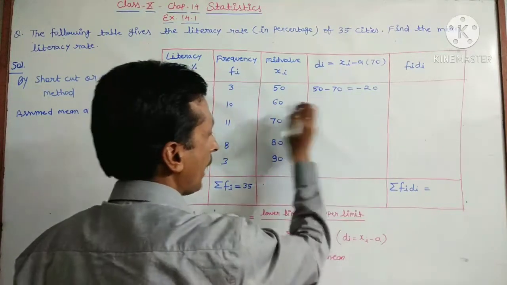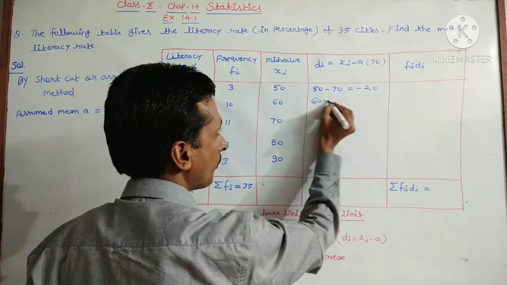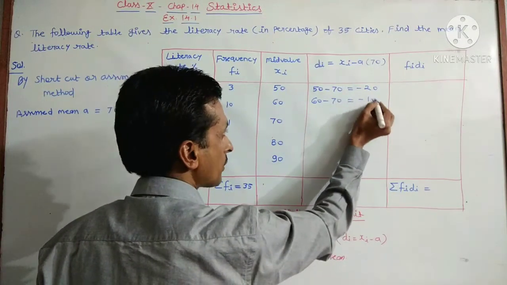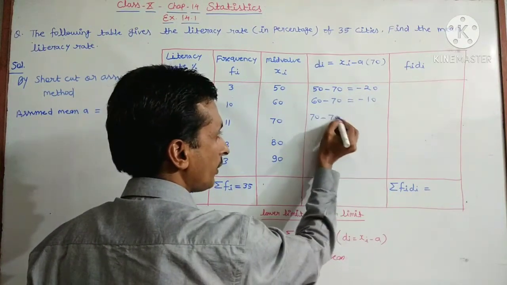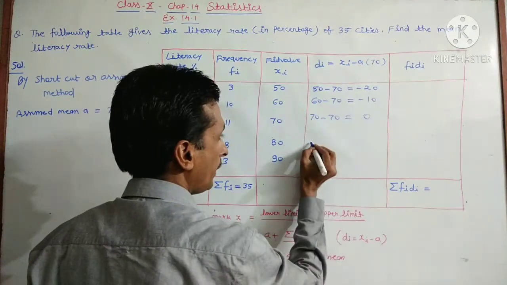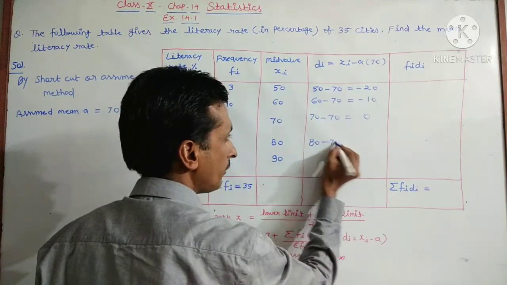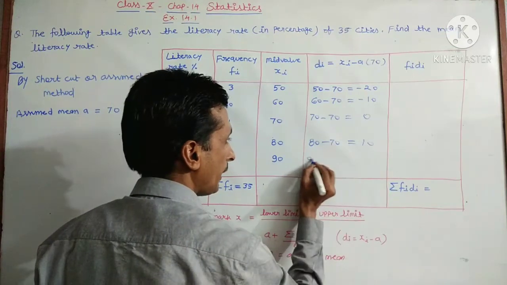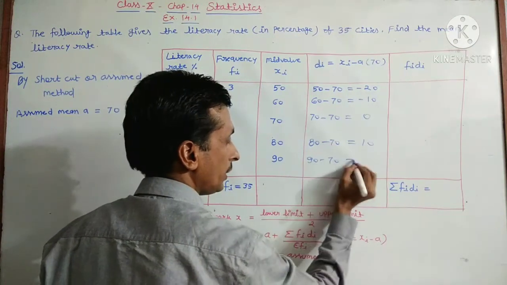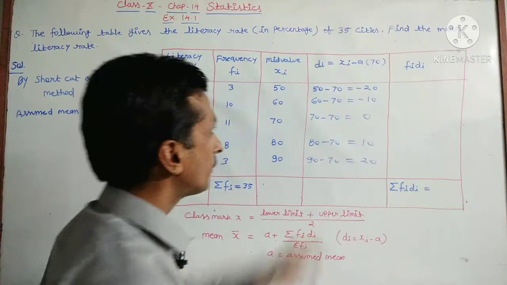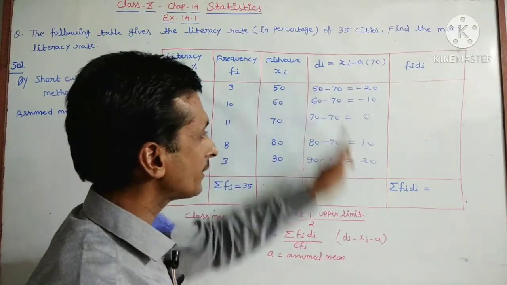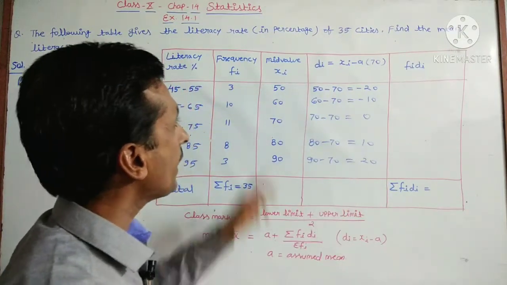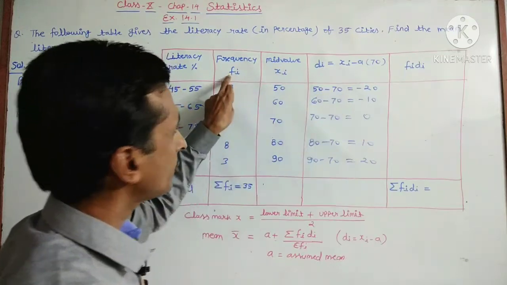Minus 20. And similarly 60 minus 70 is minus 10, 70 minus 70 is 0, 80 minus 70 is 10, and 90 minus 70 is 20. This value is di, and after getting this value you have to multiply fi into di.